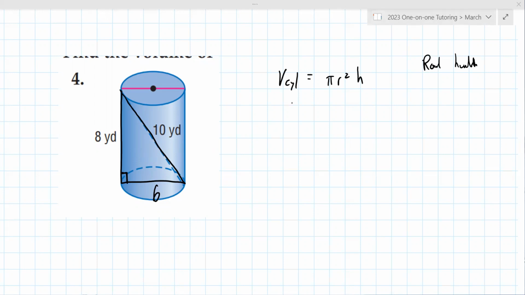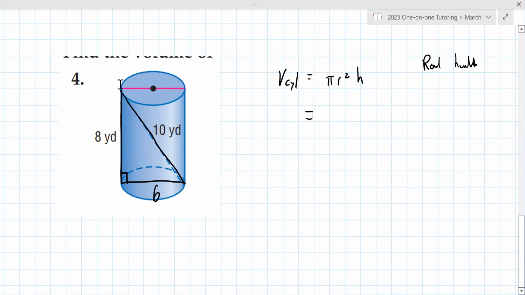Tell me again, what did you put in your calculator? So I do 3 squared, which is going to be 9, and I do 9 times pi, which is 28.27, and I do that times 10 to give me 282.74. So I would agree, but 10 is not the height. 10 is the diagonal.